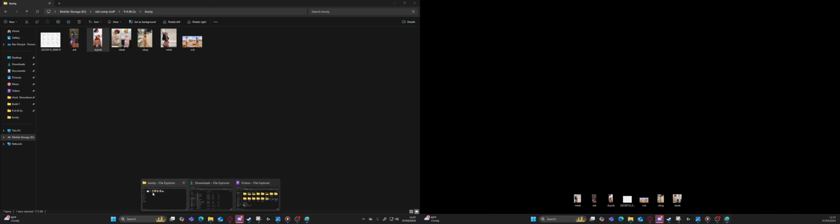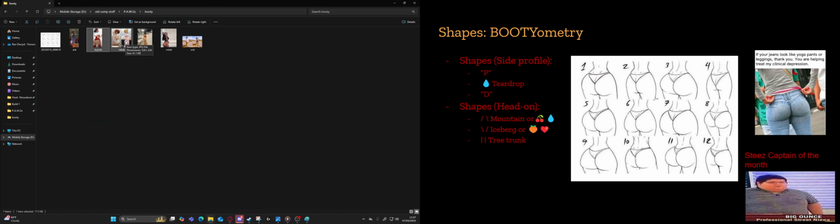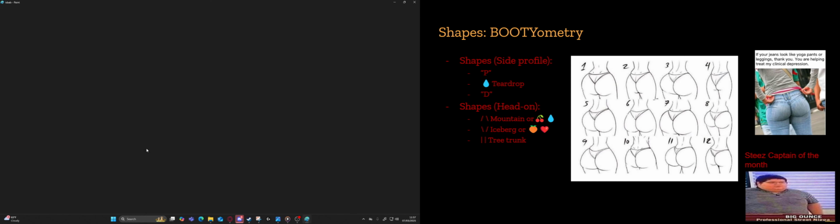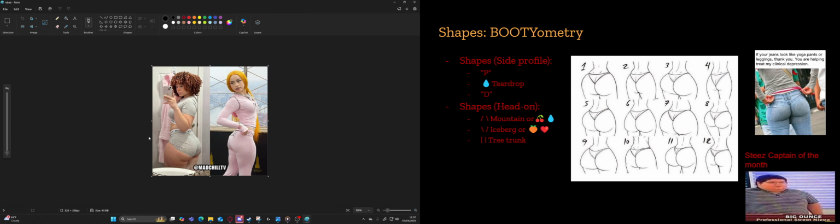Then we move on to an example of Ice Spice, before and after her weight loss. We have two good side quarter profiles here.